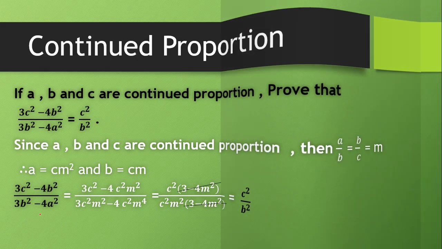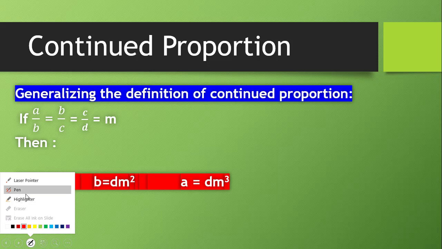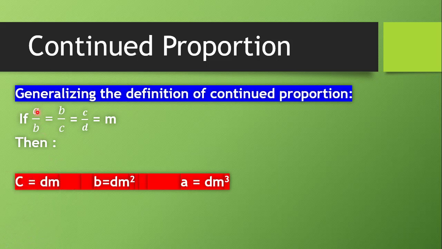Okay, let's continue. If you have more than two equal ratios, for example, here I have A over B equals B over C equals C over D equals a constant which is M. Okay, what do we have here? We want to simplify, so I write C equals dm.